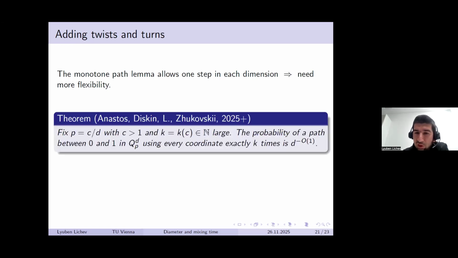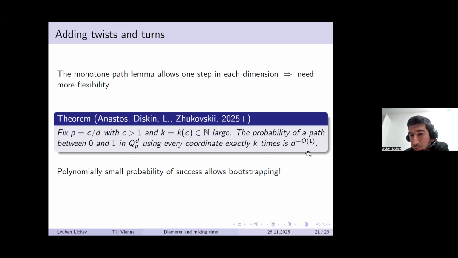So the solution was actually to allow using every dimension a fixed number of times, a large fixed number of times. It turns out that if you allow some k, so to use every dimension k times for some large k, you can obtain a sufficiently large probability bound for the existence of such, I wouldn't say monotone path, but maybe a twisted path from 0,0 to 1,1.